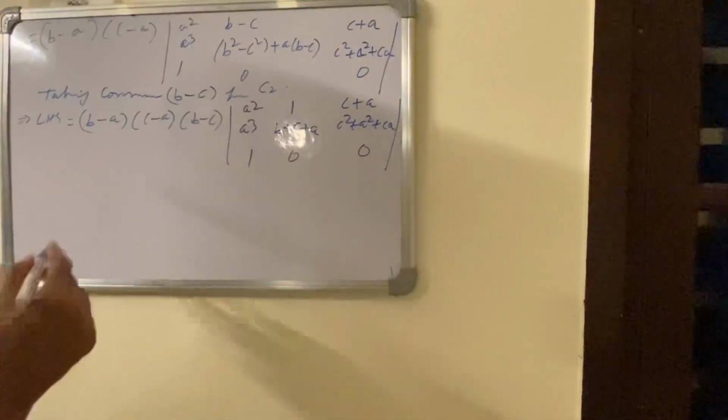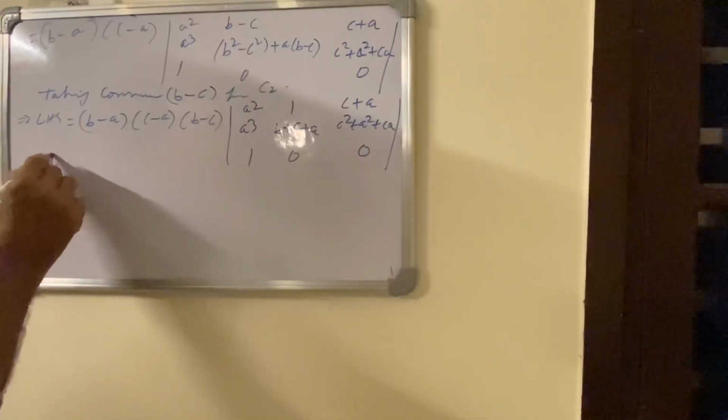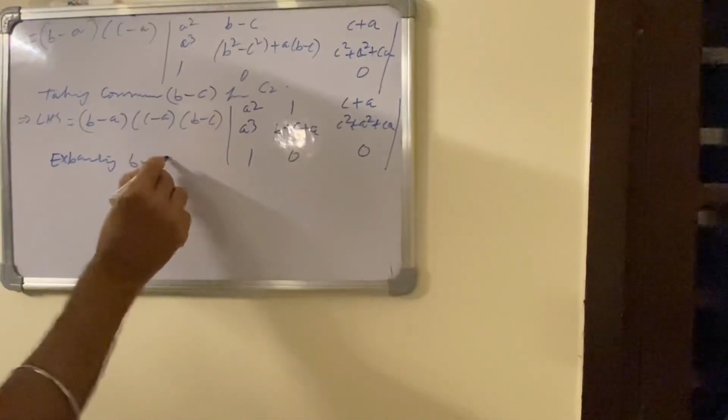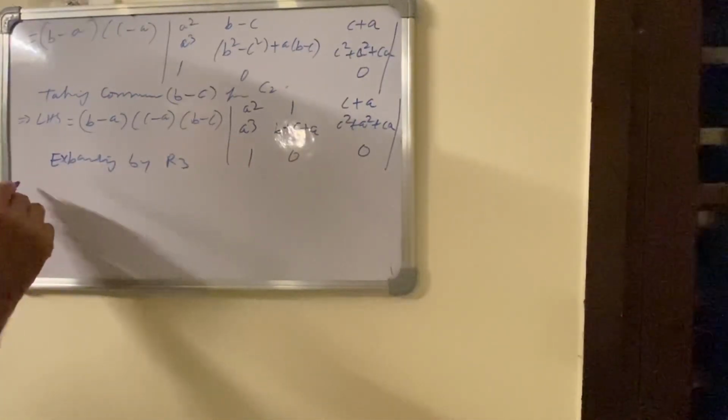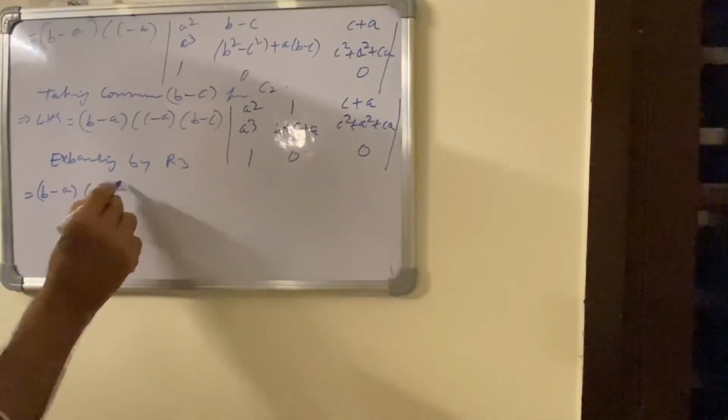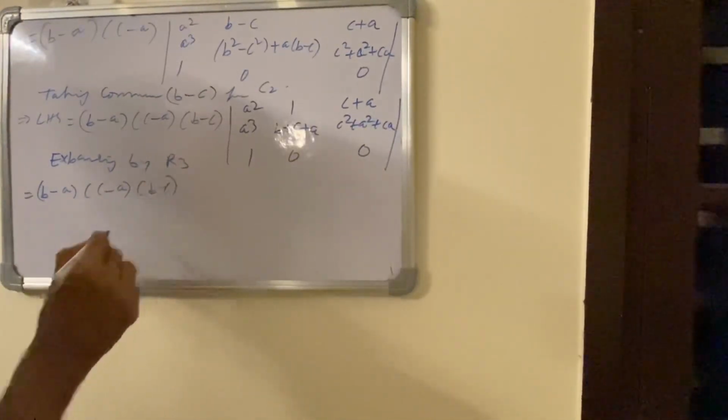Then expanding by row R3, we get (b minus a)(c minus a)(b minus c).